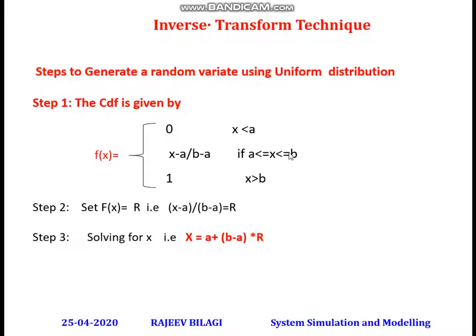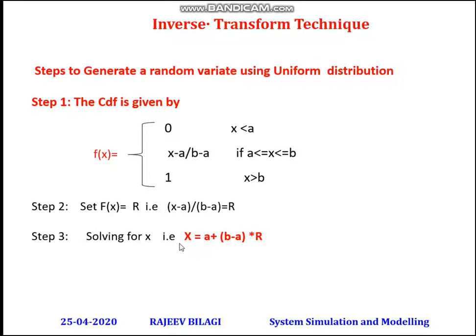So (x minus a) divided by (b minus a) equals r, and with this x equals a plus (b minus a) times r. This is how we get the different random variates using uniform distribution with the values of Ri.